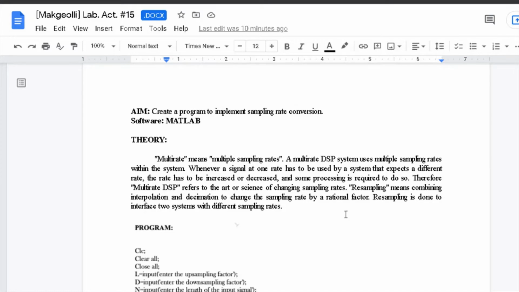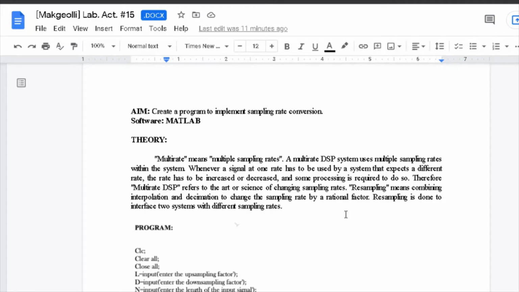That means the sampling rate needs to be increased, and some processing is required to do so. Therefore, multi-rate digital signal processing refers to the art or science of changing sampling rates.